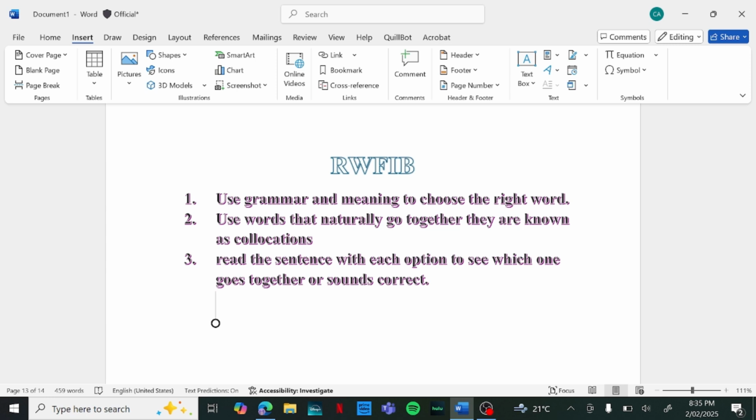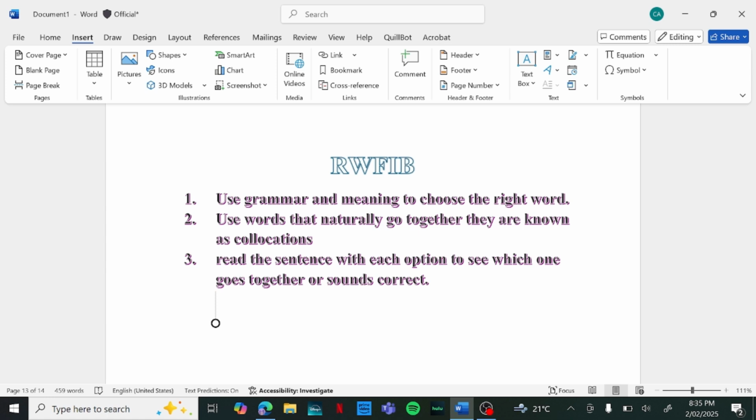We look out for words that naturally go together, that we naturally speak in English, and then we just put them together. Another tip is to read the sentence with each option to see which one goes best together or sounds correct. So yes, pay attention to the sentence.